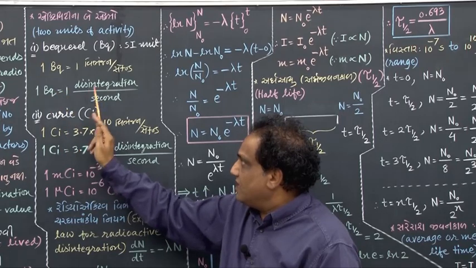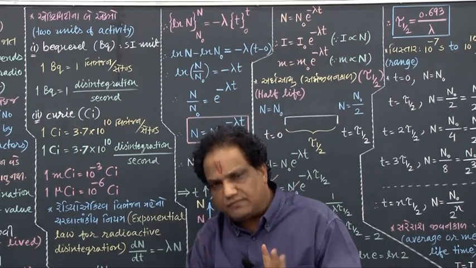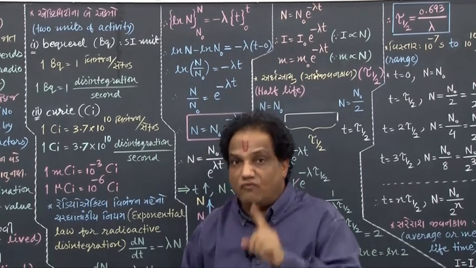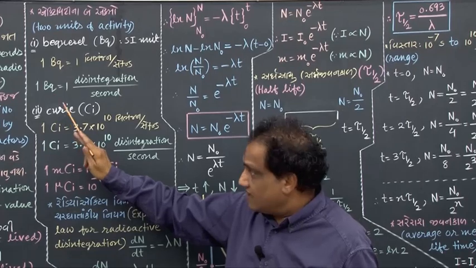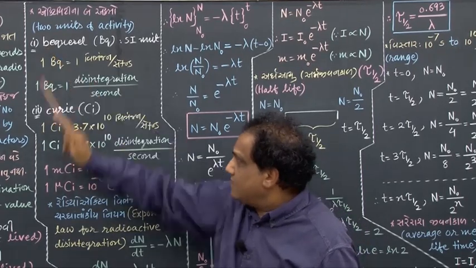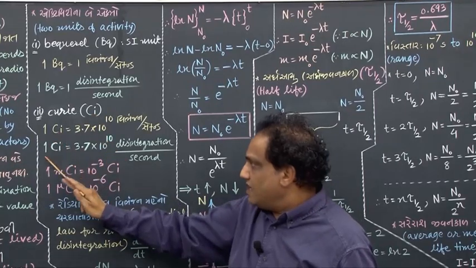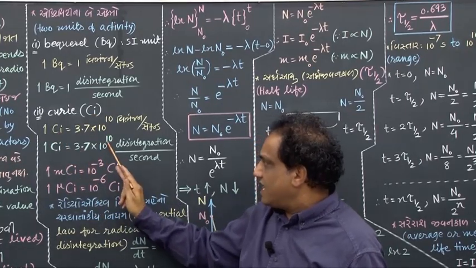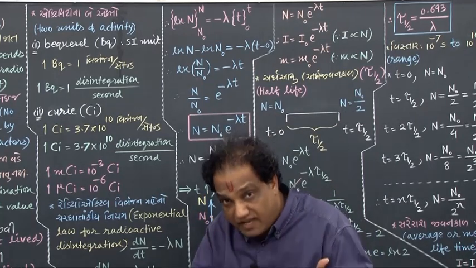Another unit is the Curie, symbolized as capital C small i. 1 Curie is 3.7 into 10 to the power 10 disintegrations per second. How would you define them?